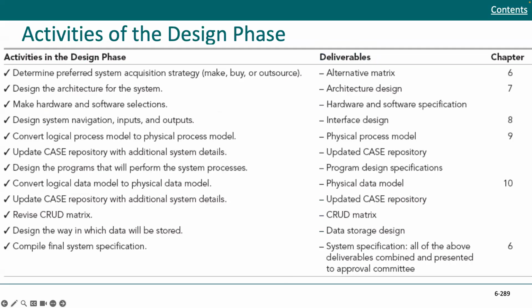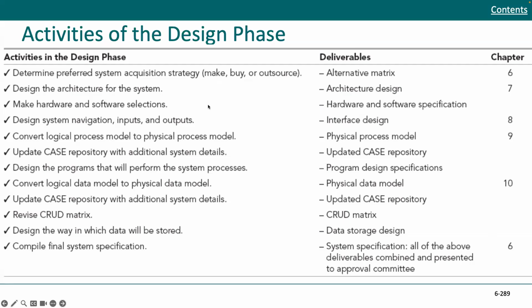So here is a listing of the activities in the design phase, and we're going to have various places where that shows up as we go forward in the next handful of chapters. We determine the preferred system acquisition strategy. We can do make, buy, or outsource.